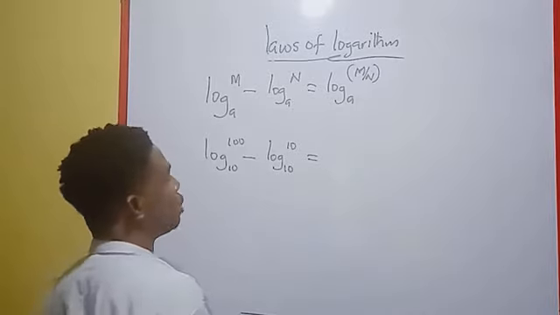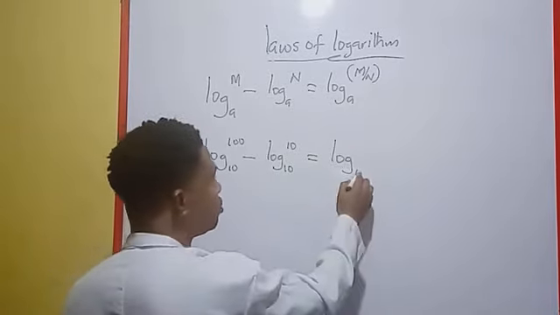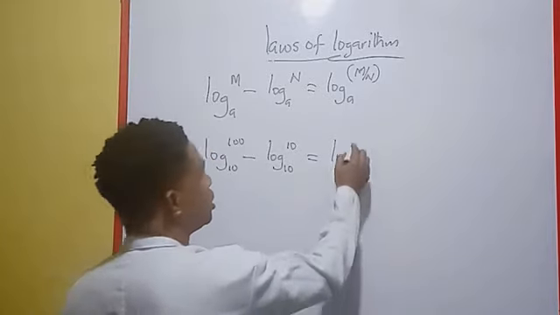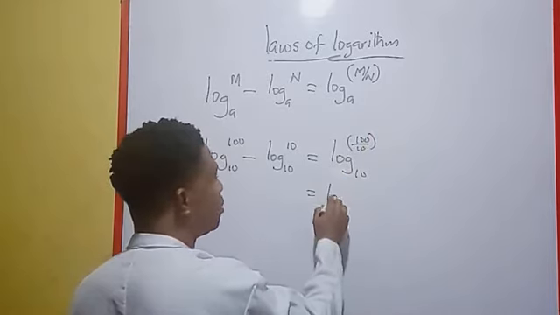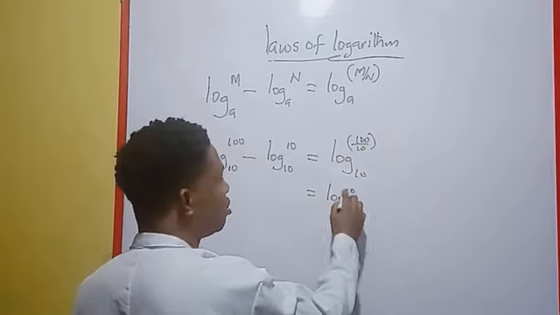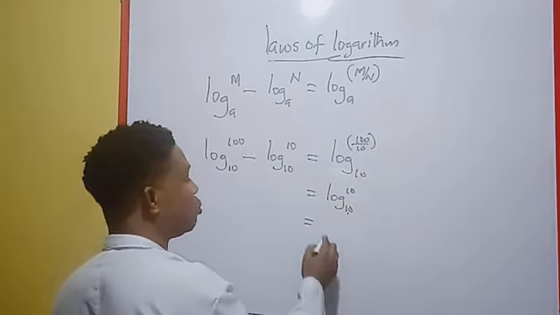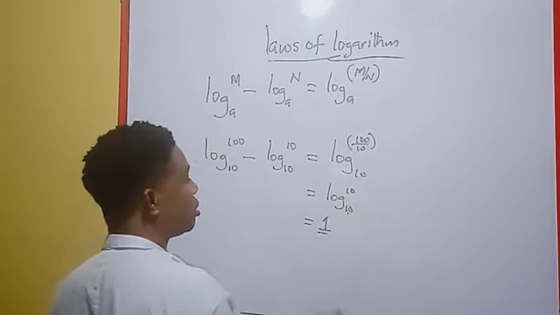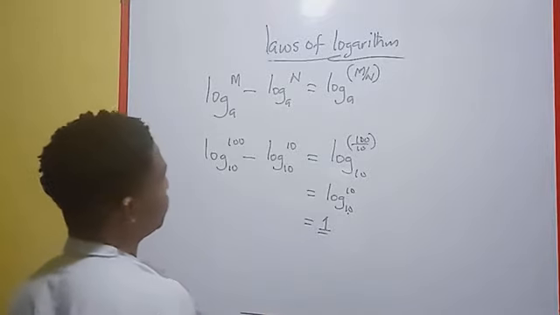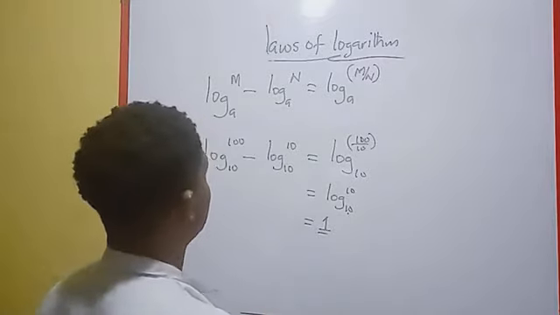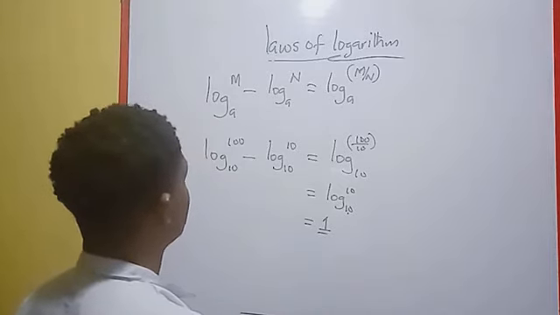If you want to apply it now, you take the base, which is common to them, then 100 divided by 10. 100 divided by 10 is 10, and base 10 raised to the power 10 will give us what? 1. Okay, you have 1 as our answer there.